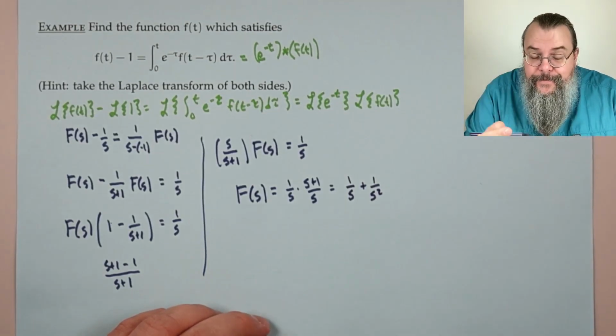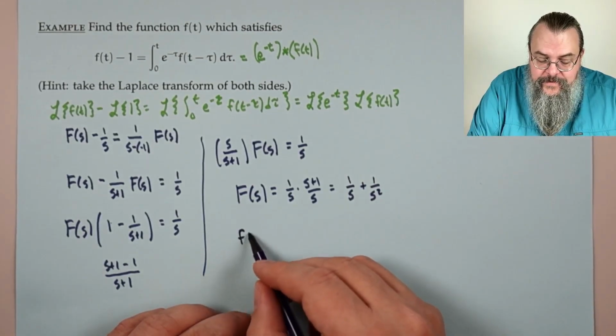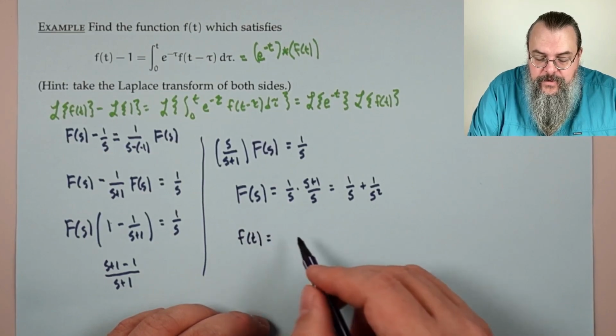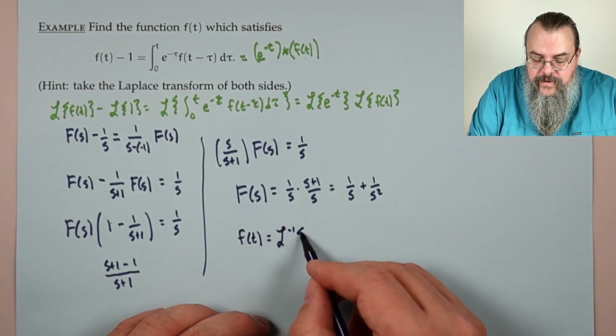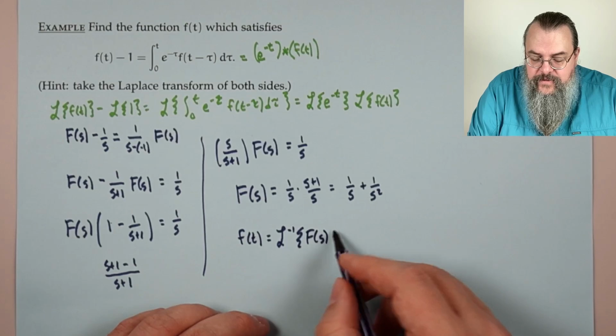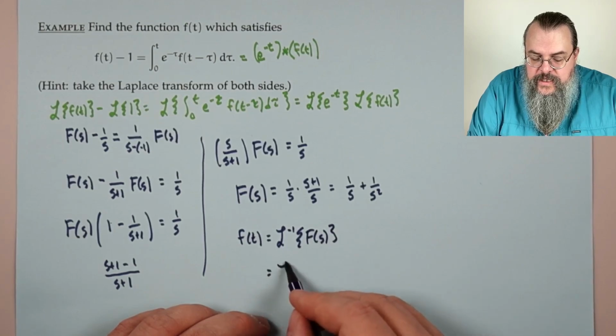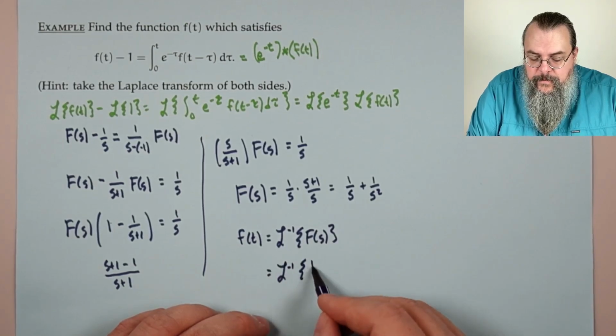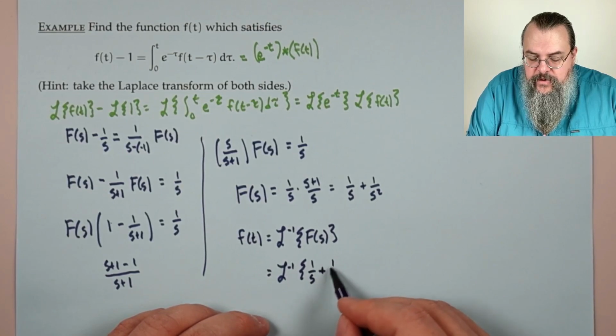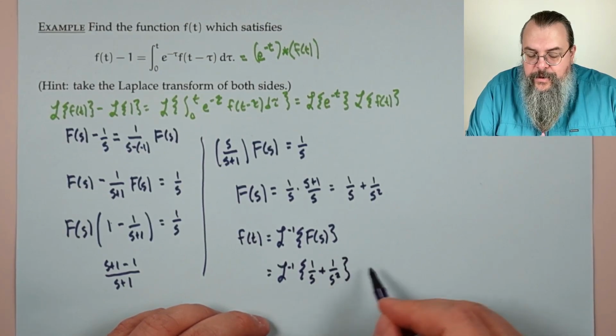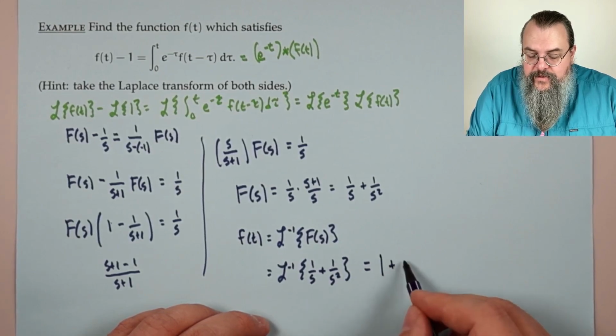We wanted f, little f. So f of t is equal to the inverse Laplace of F of s, which is the inverse Laplace of 1 over s plus 1 over s squared, which is 1 plus t.